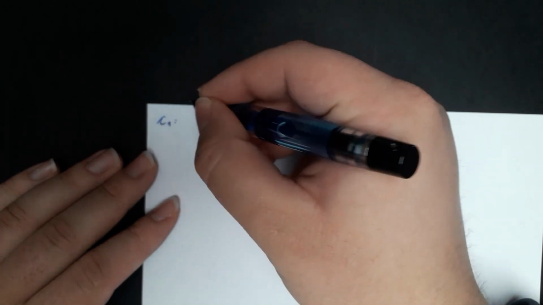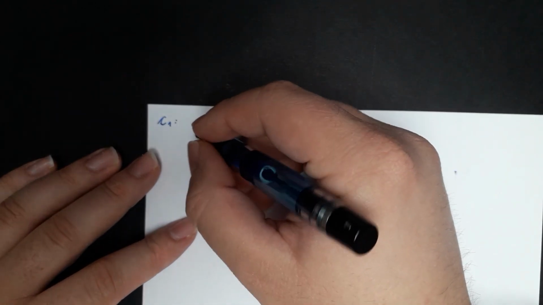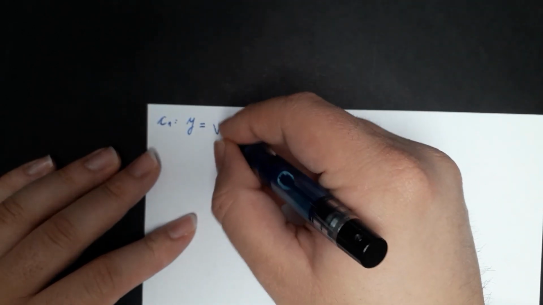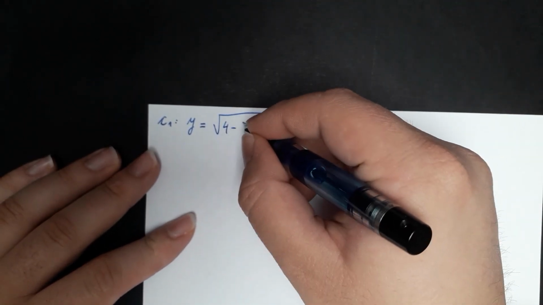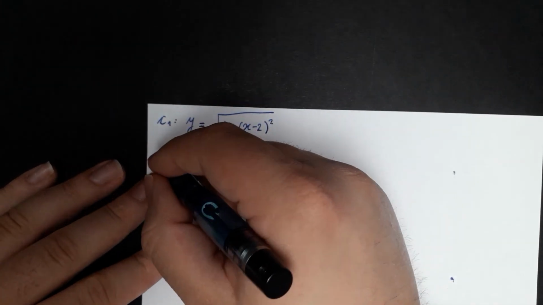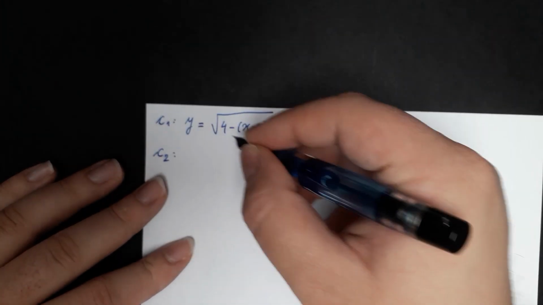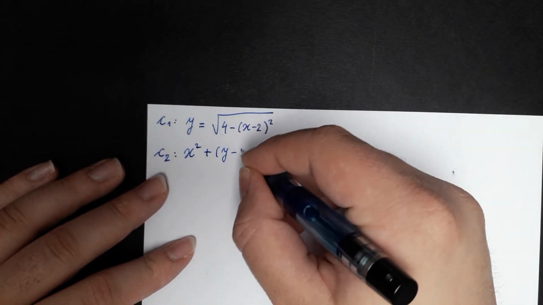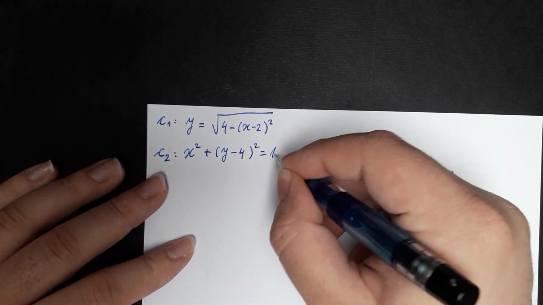So the part of circle 1 which we are going to use has an equation of y is equal to the square root of 4 minus (x minus 2) squared, and circle C2 has an equation of x squared plus (y minus 4) squared is equal to 16.